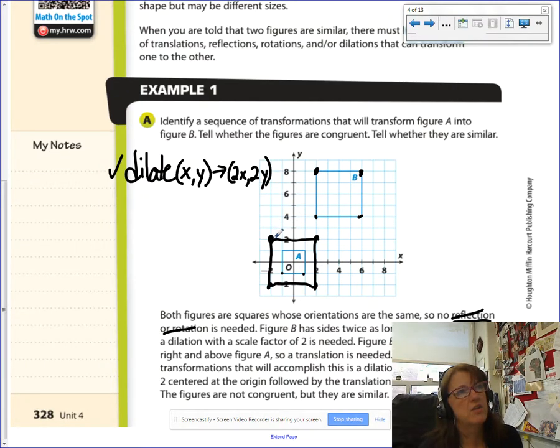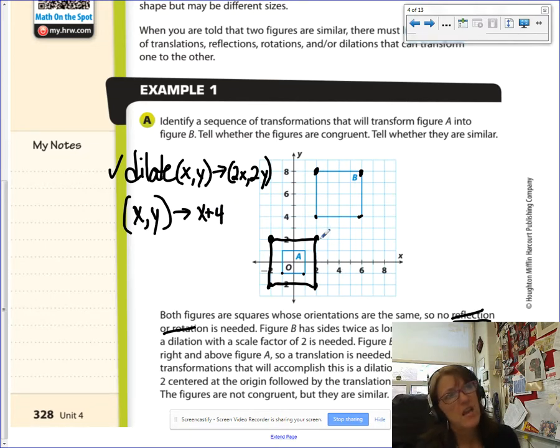I'm going to have to shift 1, 2, 3, 4 to the right, 1, 2, 3, 4, 5, 6 up. So you take your transformed point after the dilation, take your x values and shift them 4 to the right, add 4, and go up 6 on the y coordinate. To the right 4, up 6. Boom. There you go. And notice that's exactly what they have there.